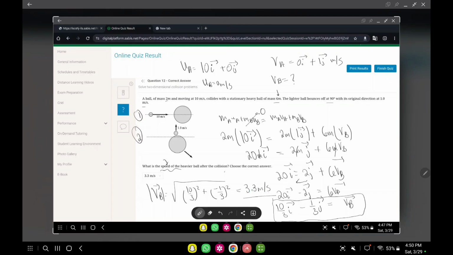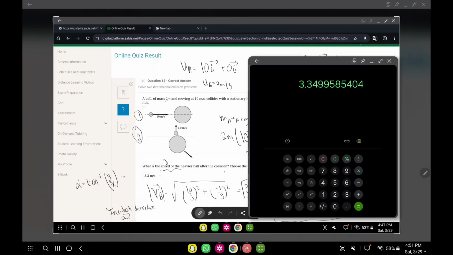What if they asked you what is the direction? When you have a vector and they ask you in what direction, they're basically saying, what's the angle, right? How do you find the angle? We know the angle it makes with the horizontal will be tan inverse of y over x, right? In this case, y is negative. No, it's fine, there's no problem. You just do shift tan. You only add 180 if x is negative, if you remember the vector rules for shift tan.